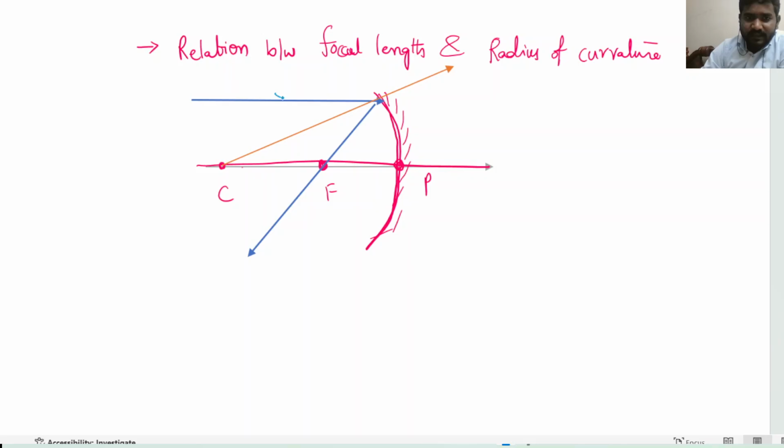Let us say this is your incident light ray, and it makes an angle theta with the normal, that is the angle of incidence. And here also the reflected ray makes an angle with the normal. That is the angle of reflection. According to the law of reflection, angle of incidence equals angle of reflection. That is also I.